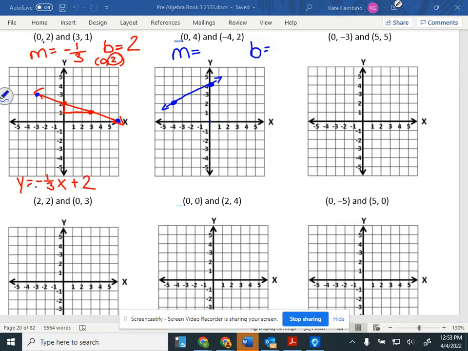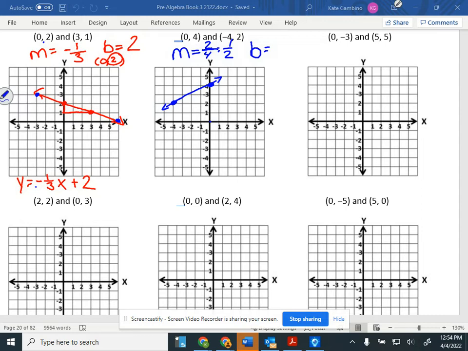What is my slope? Sam? 2/4, so 1/2. Yeah, so we go up 1, 2, and then we go over 1, 2, 3, 4, and we can simplify that to a half. Okay, remember, we always want to simplify our slopes.